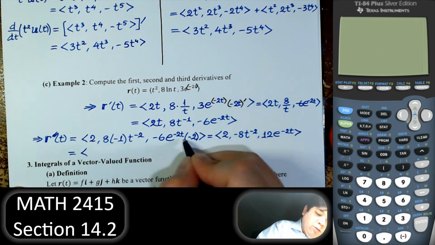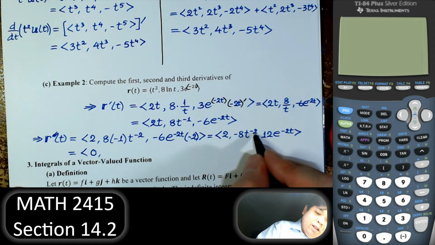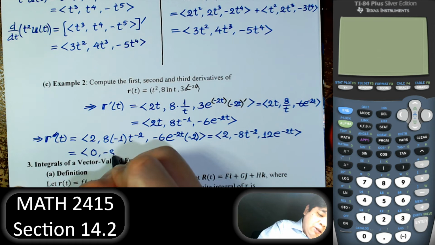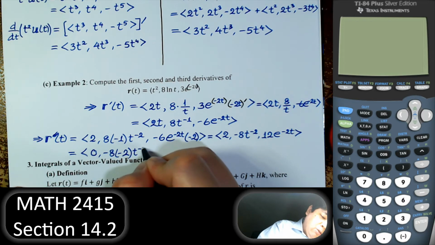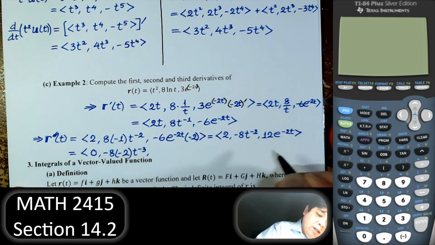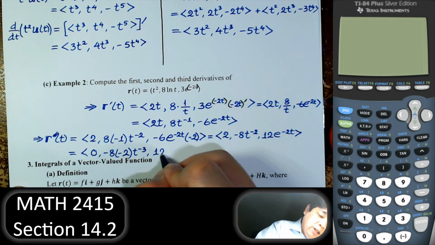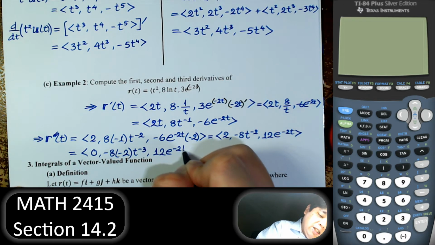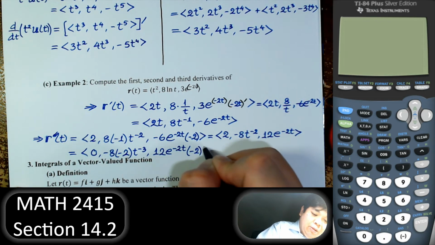Then take the derivative one more time. Derivative of 2 is 0. Derivative of this, take down the negative 2, and then original power minus 1. And then we have 12 e to the negative 2t, same thing, and derivative of negative 2t, negative 2.